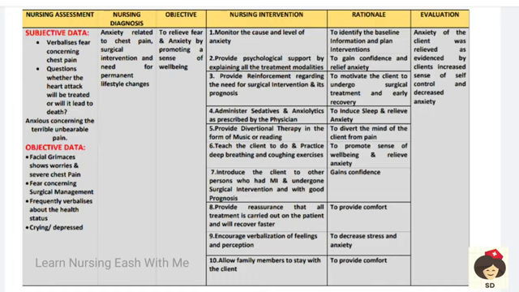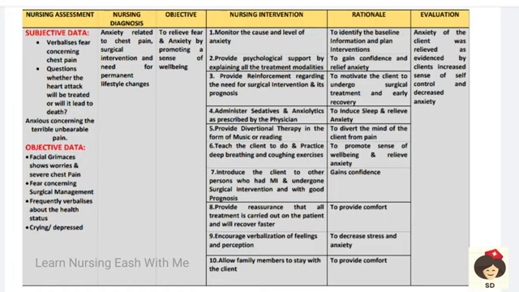Diversional therapy in order to divert the mind of the patient, and deep breathing and coughing exercises to promote a sense of well-being, will relieve the anxiety. Introduce the client to another person who had MI and has undergone surgical intervention and is progressing well. That way we gain the confidence of the patient, and you have to provide reassurance that all treatment is carried out and the patient will recover faster. Whenever we talk about reassurance, we must say only the factual points.